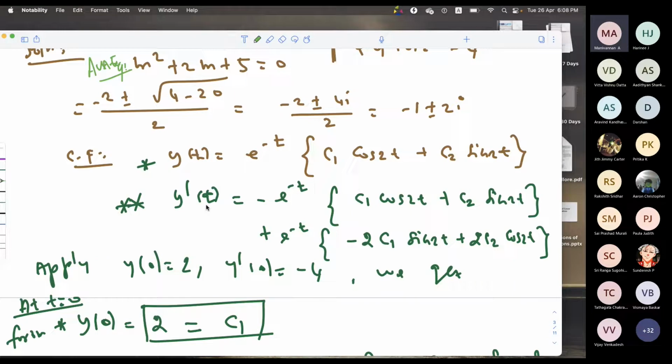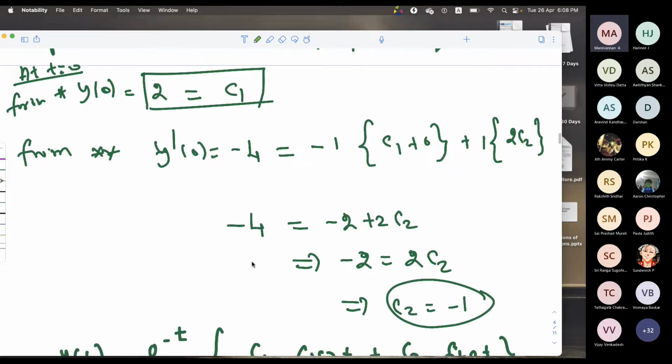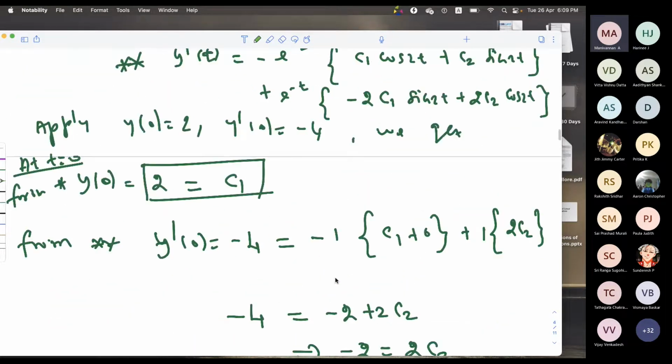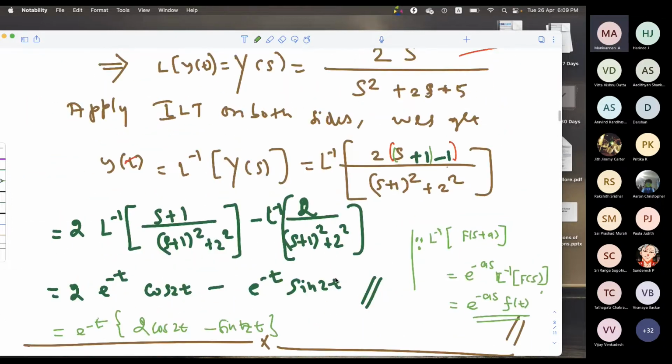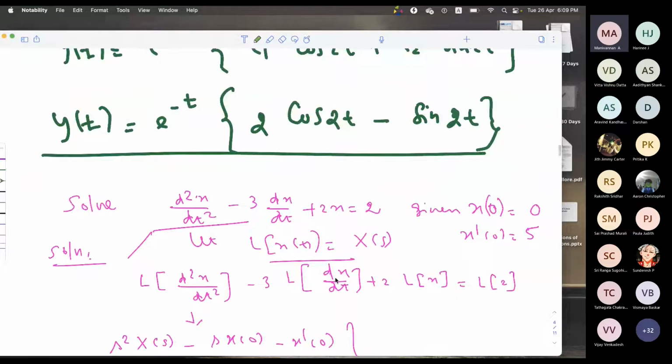Just find the derivative of this and apply the limits, then we can find the values of c1 and c2. If we replace them, the answers will be the same. So while solving the ordinary differential equations in your usual method, as well as in your Laplace transform, both are the same. Is it clear now?